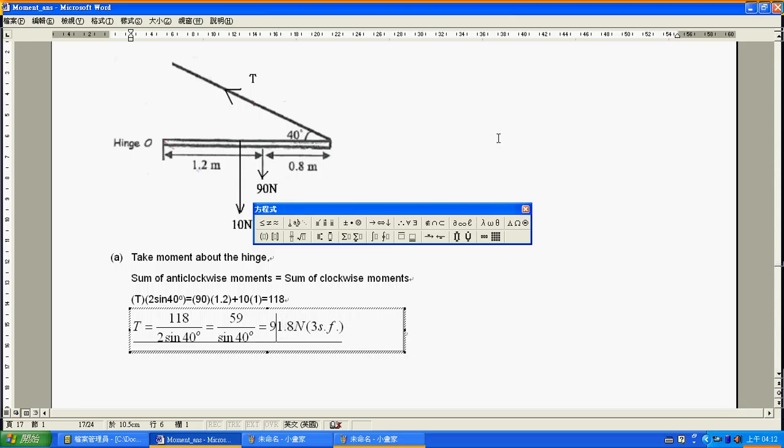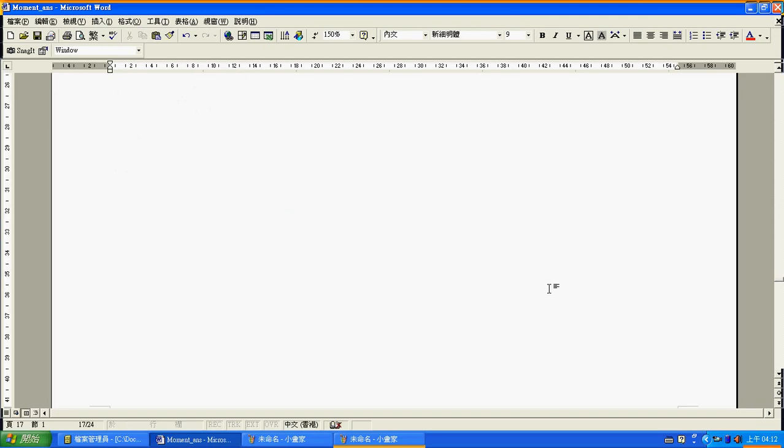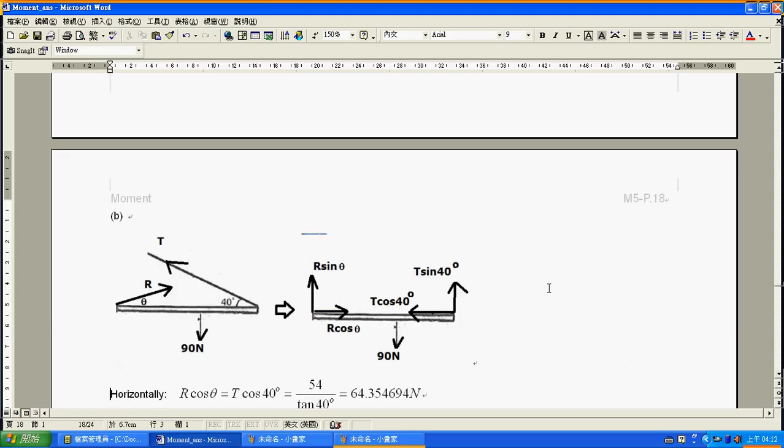To be more accurate, it's 91.7877. Okay. Now with that, it can go to the next part of the question.